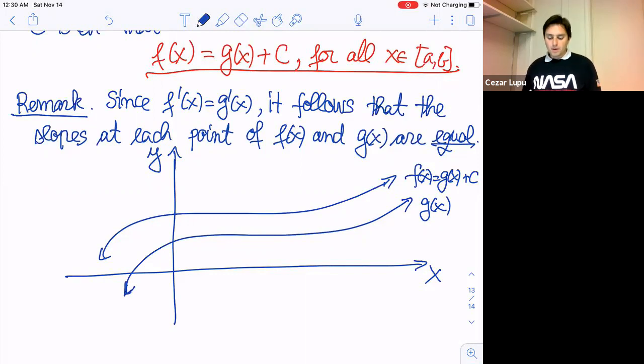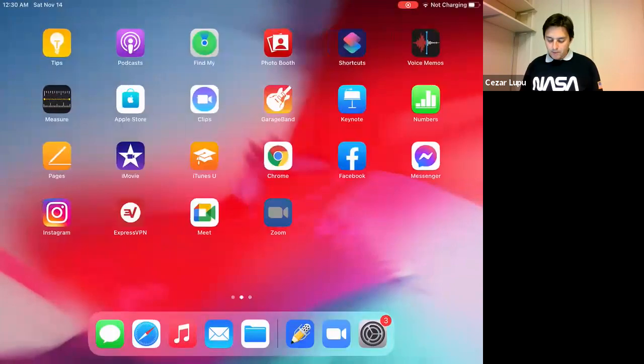Okay, I think I'm going to stop here. This is just the beginning. This is the first lecture in chapter 4. As you can see, we talked about qualitative properties of differentiable functions.